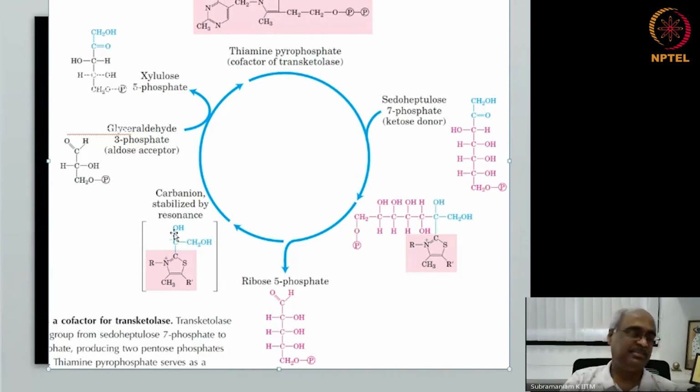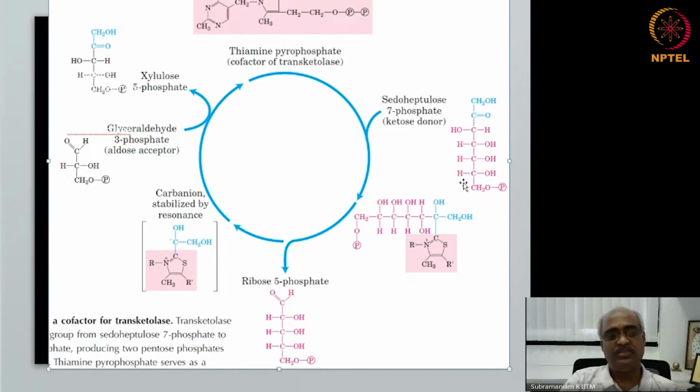And this now then is transferred to glyceraldehyde 3-phosphate, forming xylulose 5-phosphate. So essentially this keto group is now transferred to an aldose sugar, making that into a keto sugar. So that is why it is called transketolase.